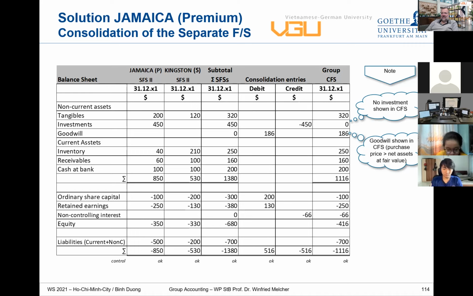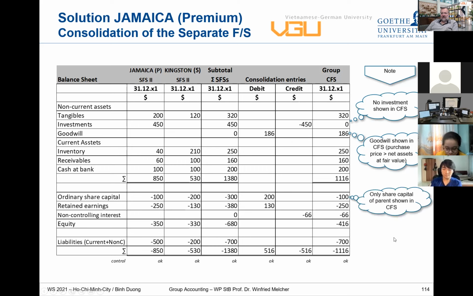We will show goodwill, which is an asset of the group financial statements. It is not an asset of the single financial statements. So in the exam and also later on in the practice, don't put goodwill on the single financial statement. It belongs to the consolidated financial statements only.